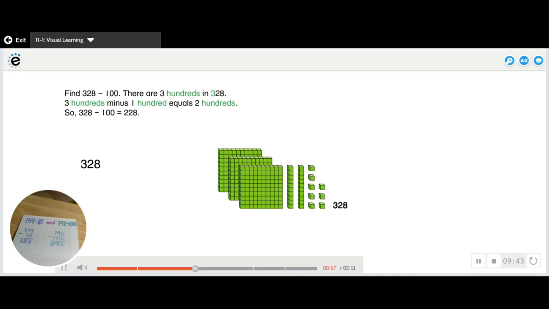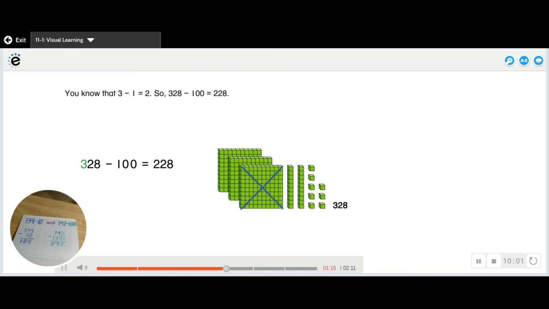Find 328 minus 100. There are 3 hundreds in 328. 3 hundreds minus 100 equals 2 hundreds. So 328 minus 100 equals 228. You know that 3 minus 1 equals 2. So 328 minus 100 equals 228.